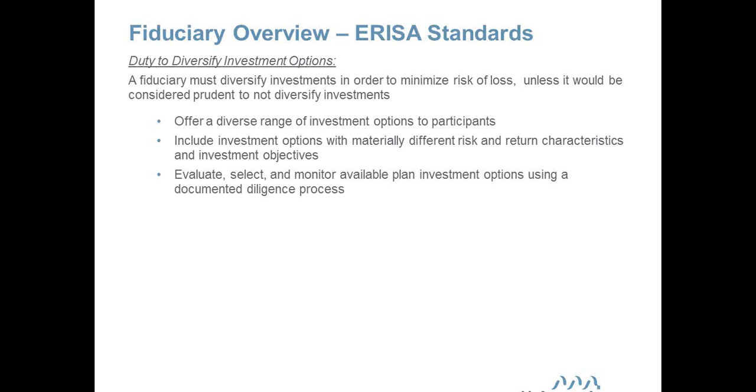Maybe younger participants might be willing to accept a little bit higher risk in return for higher returns. And as a fiduciary, you evaluate, select, and also monitor the plan investment options, and you should have a documented diligence process. We'll talk about documentation a little bit later in the presentation.